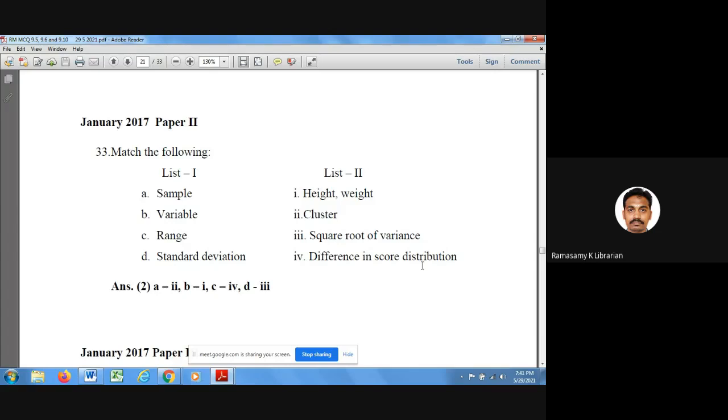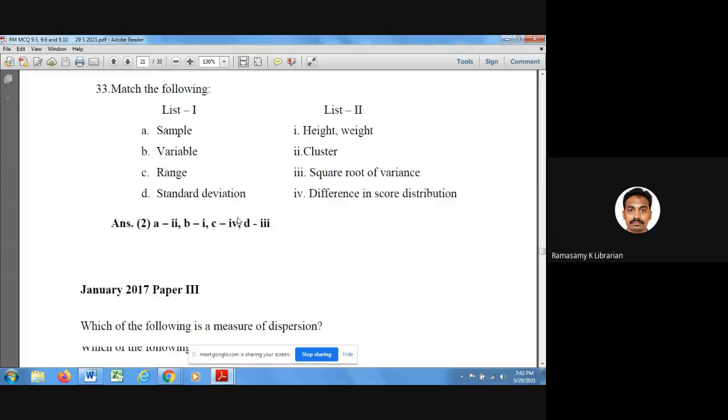So difference in score distribution is called range. What about standard deviation? Exactly as I told you, square root of variance. You find out the deviance. From deviance, you calculate the variance. From the variance, if you find out the square root of variance, that becomes standard deviation. So we got the answers for three things. What is the fourth one? Sample. That is a sampling technique. Cluster sampling is a sampling technique. I think things are matched.